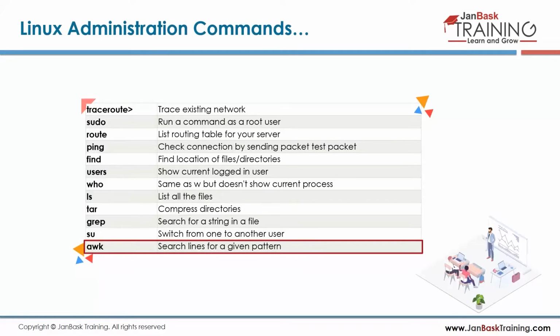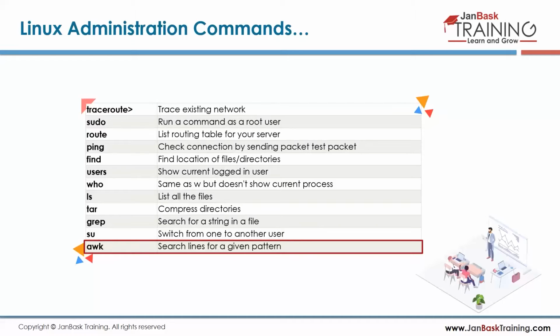The awk command. The awk command is used to search lines with a certain pattern. That we mainly use when we search for files when the content is in various rows or columns or a certain pattern. In that case, we use this kind of command.